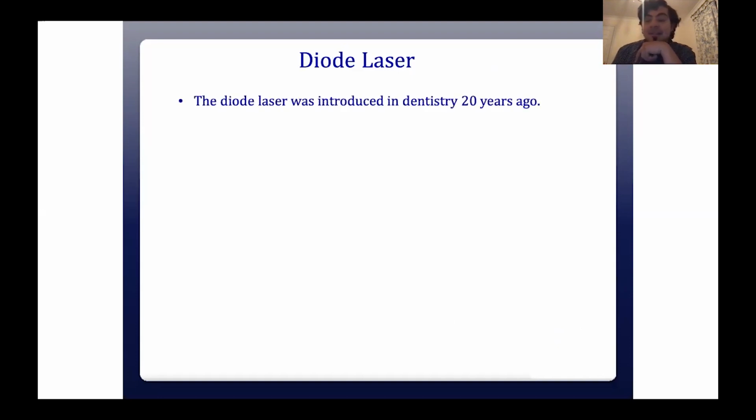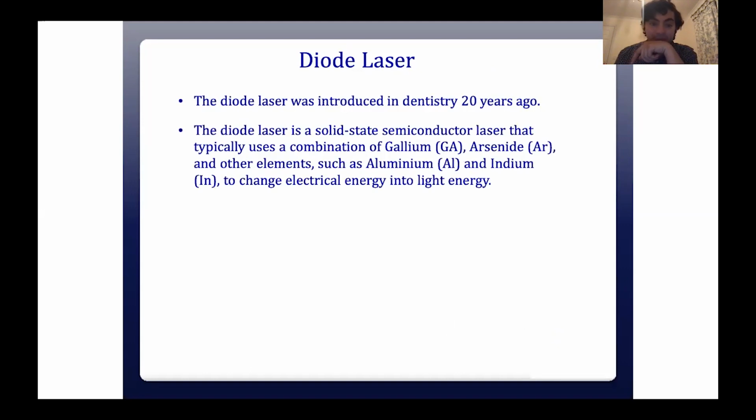So diode lasers have been around in dentistry for well over 20 years now. It's a solid state semiconductor that works using a combination of gallium arsenide, aluminium, indium, all to turn electrical energy into light energy.